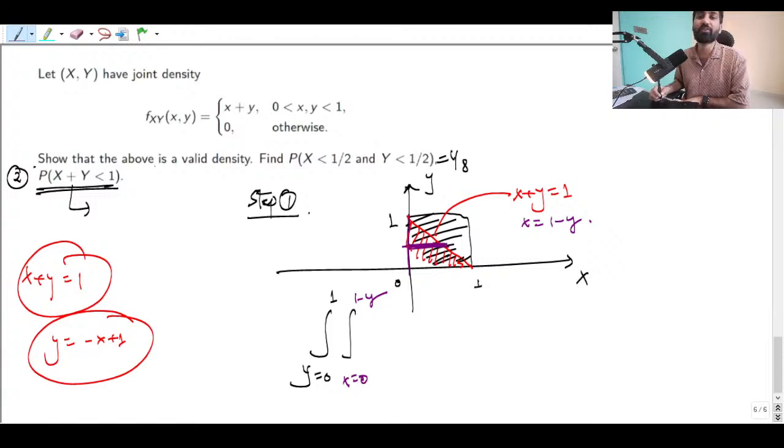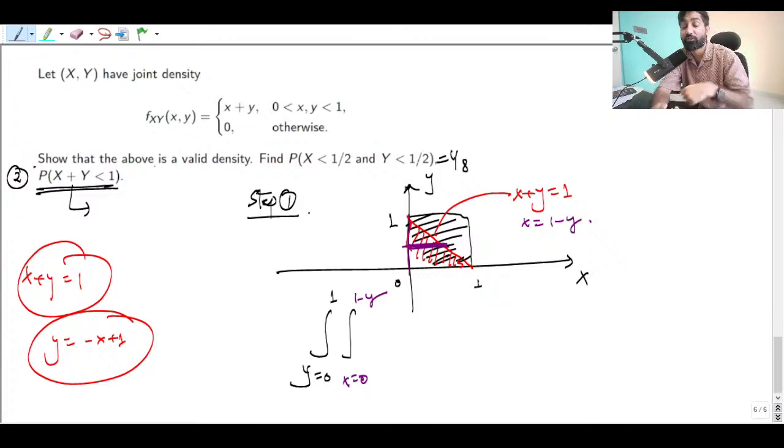I hope this makes sense now, right? How to decide the limit of integration, that is very important, that's it, बाकी तो काम आपका इजी हो जाता है, ठीक है. And here also you can see, but this time the y limit is constant but the x limit is not constant.